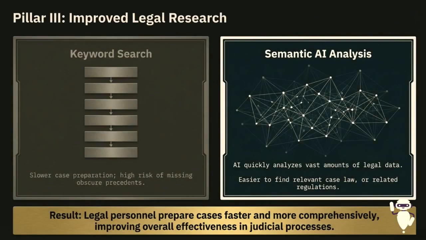And with AI, we have improved legal research. Instead of using keyword search step by step, which has no connectivity to past decisions or relevant law, the AI can quickly analyze a large amount of data, making it easier to find relevant case law and related regulations that would take human researchers much time to do.